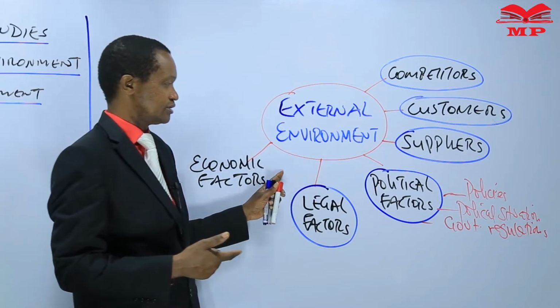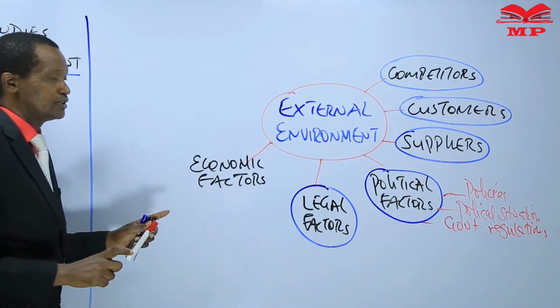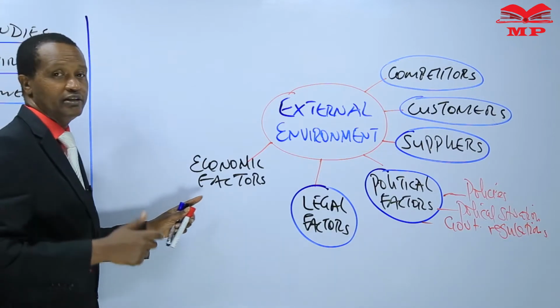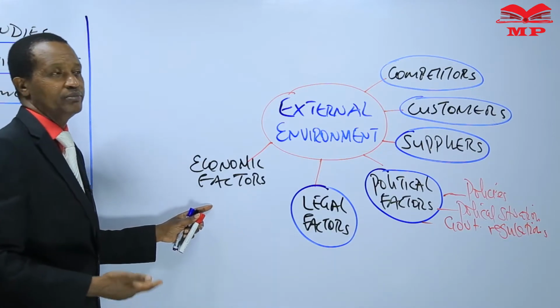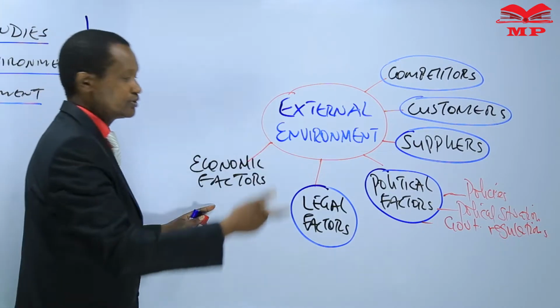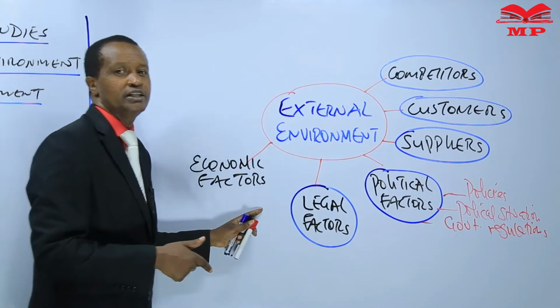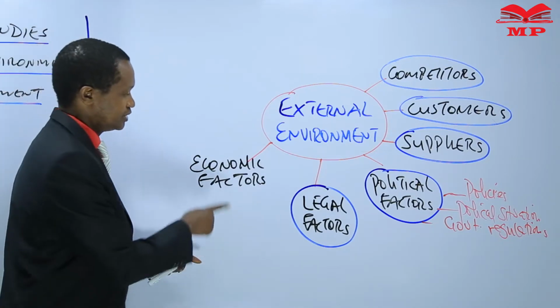Because the government, at a general level, may build roads, may build railway systems and communication systems that will have an impact on business activities.